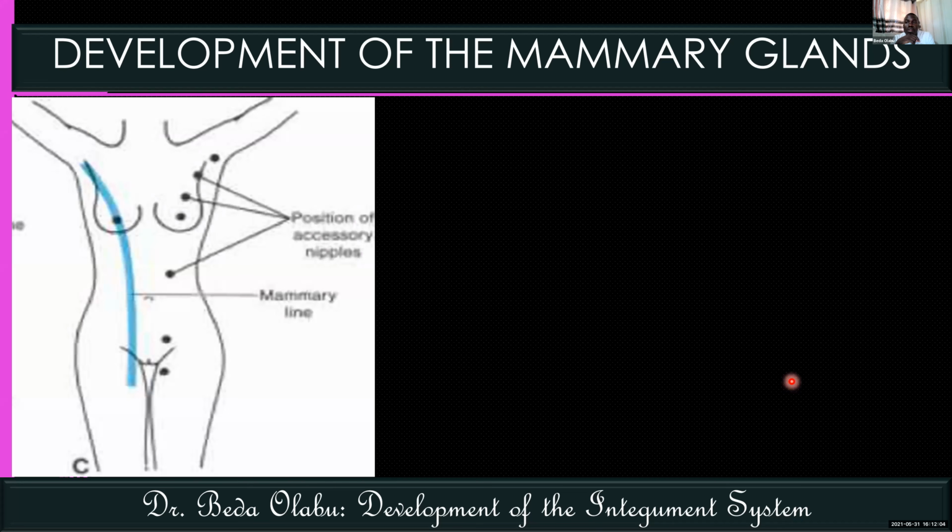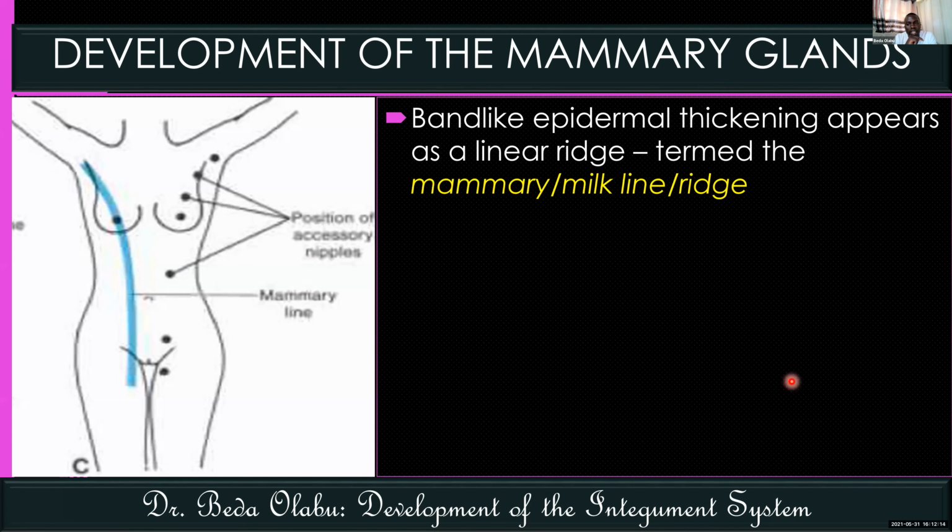And a similar concept applies for the breast as well, except I want to say more here. For breast development to take place, initially there's a band-like thickening that appears from the base of the upper limb to the base of the lower limb of the fetus. This band-like thickening is a thickening of the epidermis.